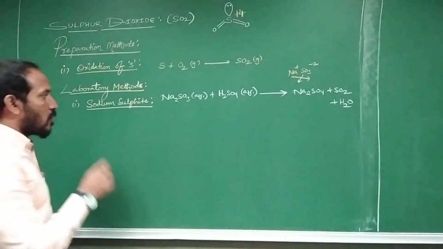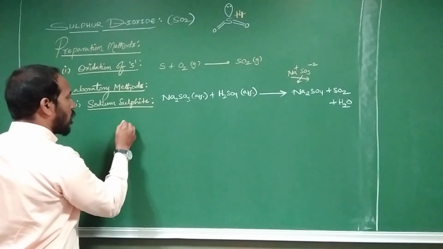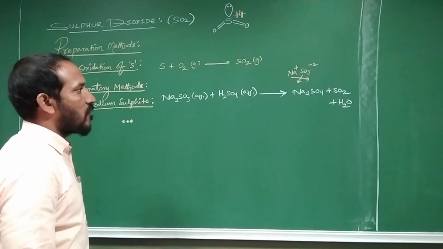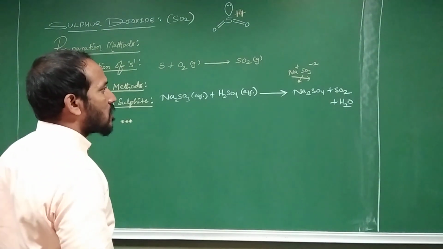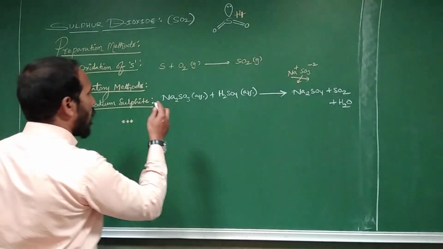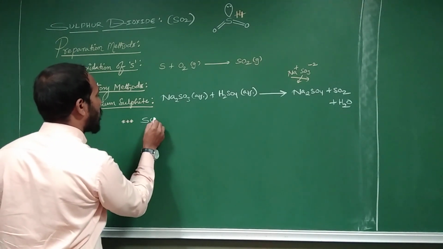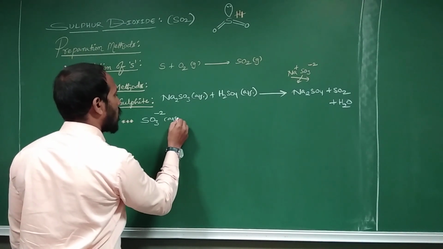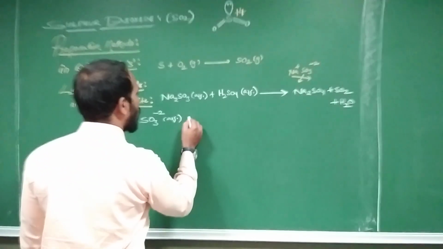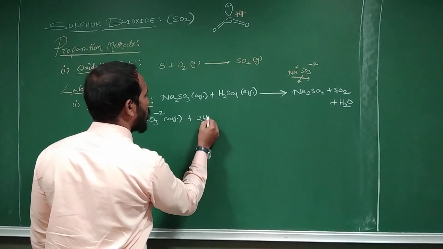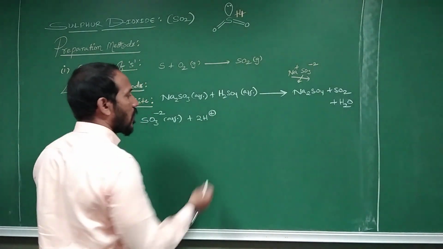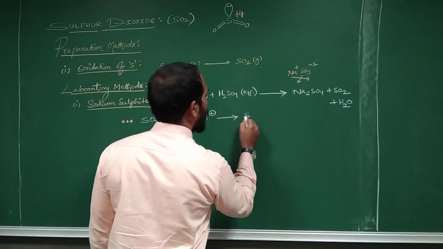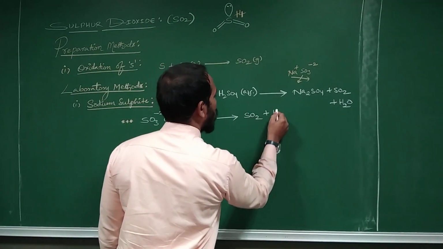Clear? Now in order to write the ionic equation for the formation of sulfur dioxide, here you see SO3, the sulfite ion with a -2 charge, aqueous, is treated with 2 moles of H plus, aqueous, to form sulfur dioxide plus water molecule.